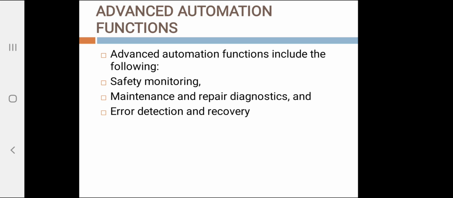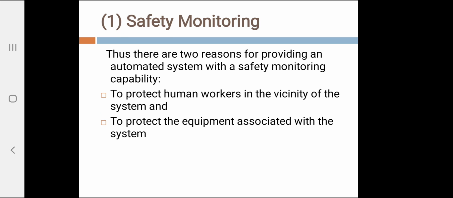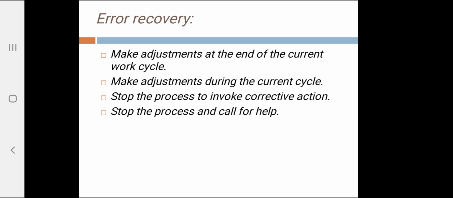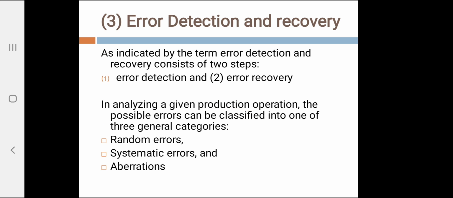In analyzing a given production operation, the possible errors can be classified in one of three general categories, that is random errors, systematic errors, and aberrations. Random errors occur as a result of the normal stochastic nature of the process.